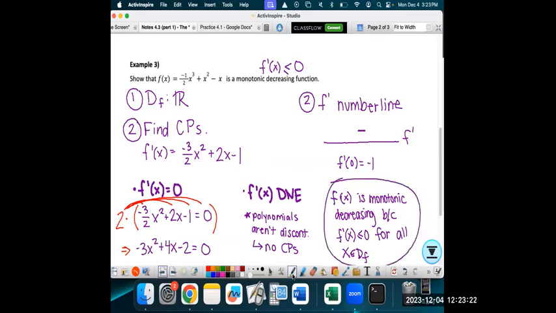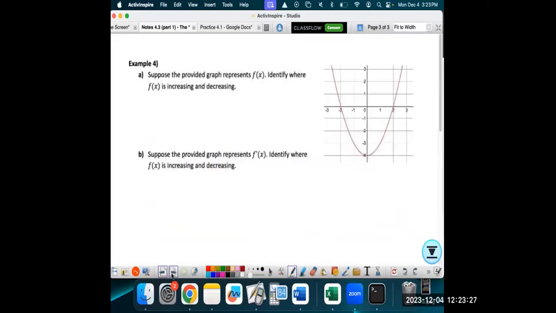Okay, let's move on to page 3, which houses example 4. Part A says, suppose the provided graph represents f of x. Identify where f is increasing and where f is decreasing. I would also like to point out that this graph is continuing on forever. I just can't put arrows on a Desmos graph without a lot of extra work.